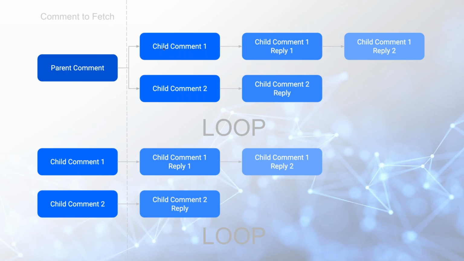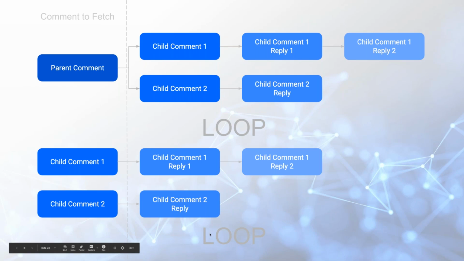So at that point, what we need to do is then treat the first two child comment IDs as the parent. And this is where the loop is going to come into play. So we have a list of these IDs, and then we're going to feed these back into the initial request, where we can then gain access to the next level of child comments.